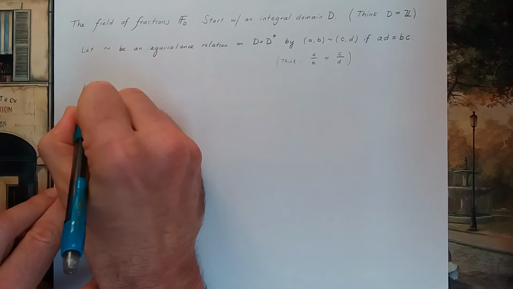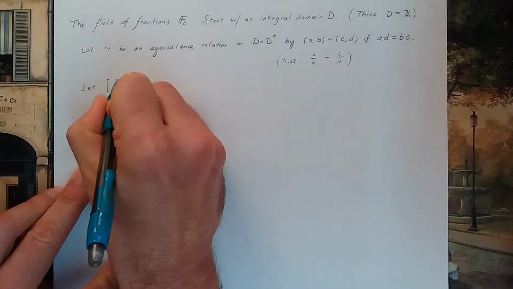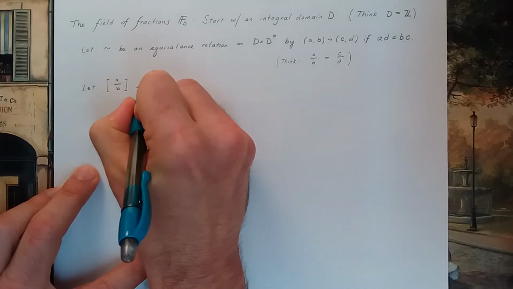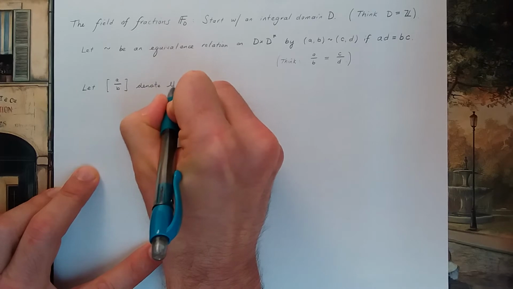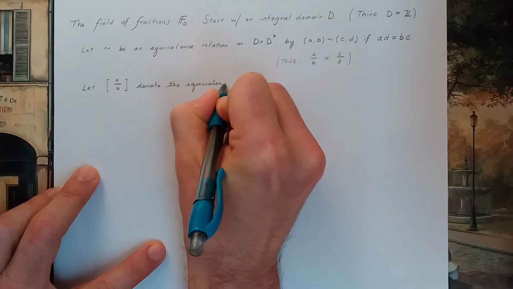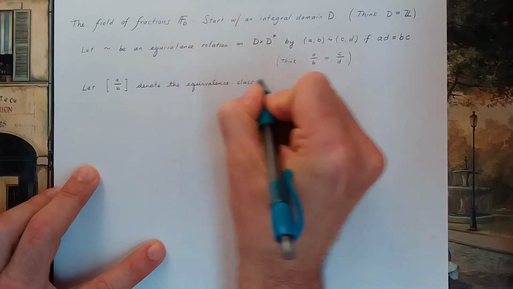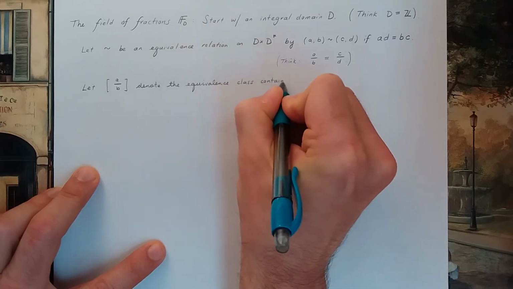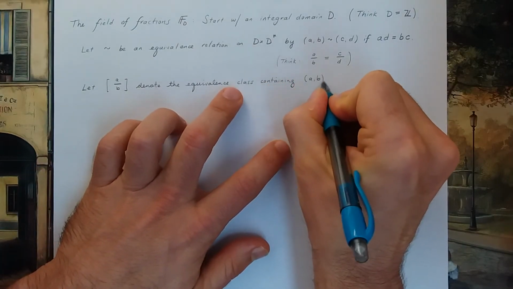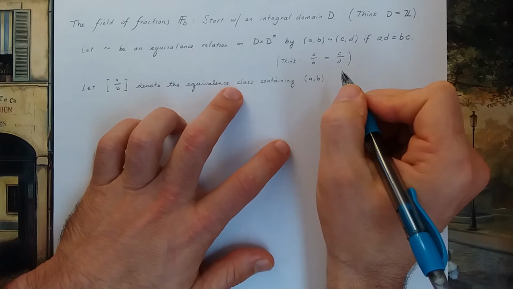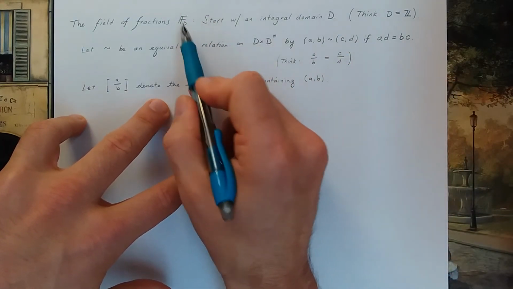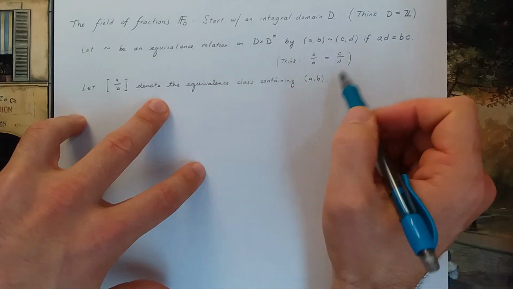So we're going to let bracket A over B denote the equivalence class containing the element A comma B. So that will be my field. My field will actually be the set of all possible equivalence classes.